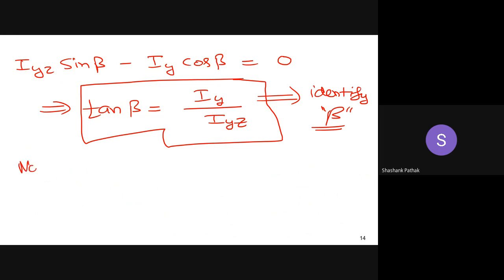Now the neutral axis can be determined easily because we know beta and we know that it passes through the centroidal axis. So we know both things, and now we can very easily identify the neutral axis.